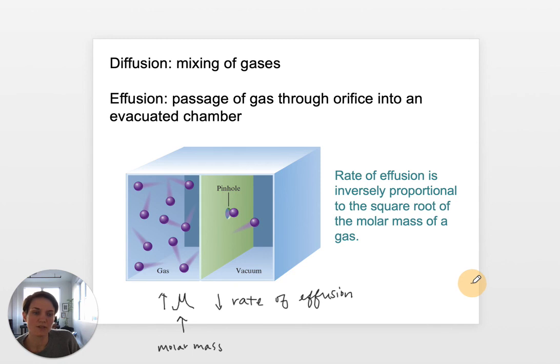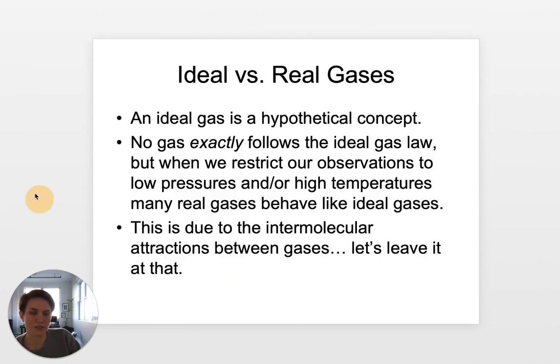So if you, in a hypothetical universe called a future exam, had a list of gases and were asked which one would effuse the fastest, it would be your lightest gas, and which would effuse the slowest would be your heaviest gas. Think about inertia and the fact that gases are governed by physical laws. Okay, so that's just a fun fact.